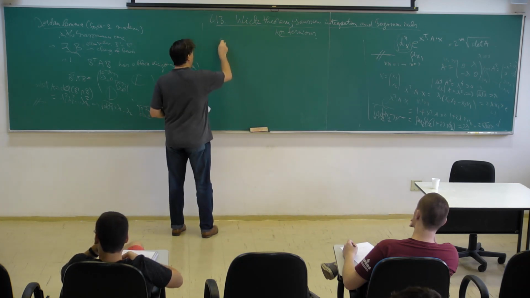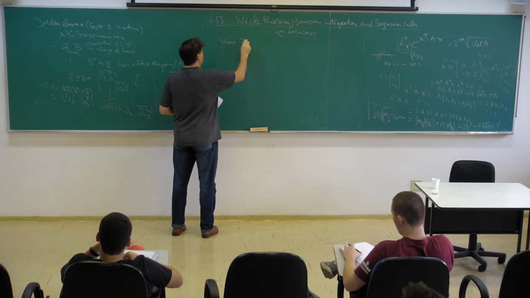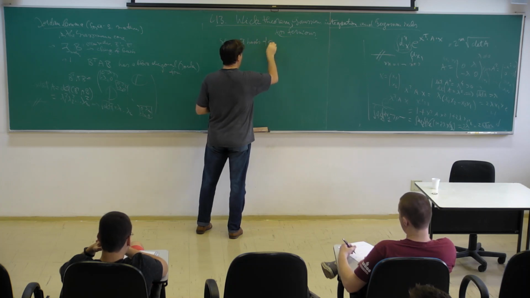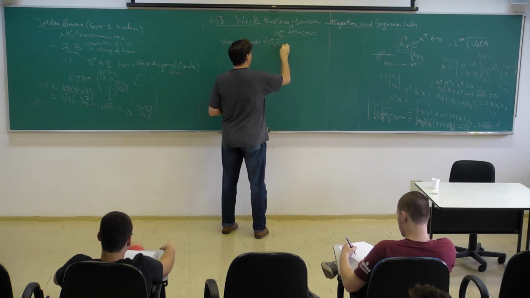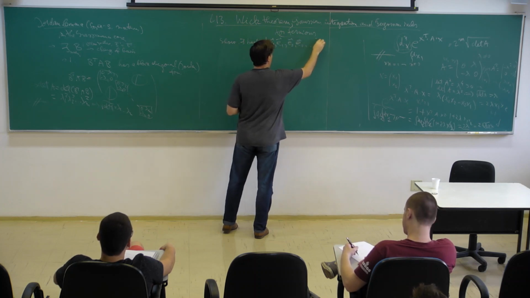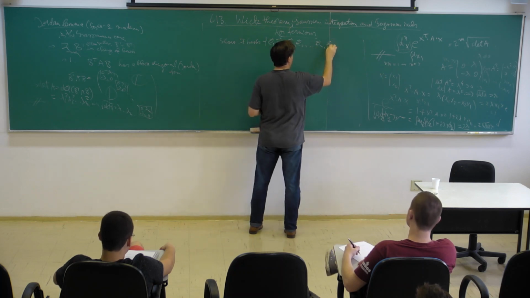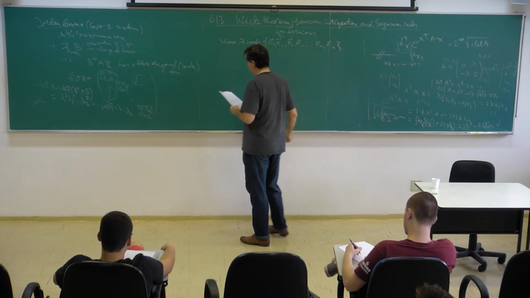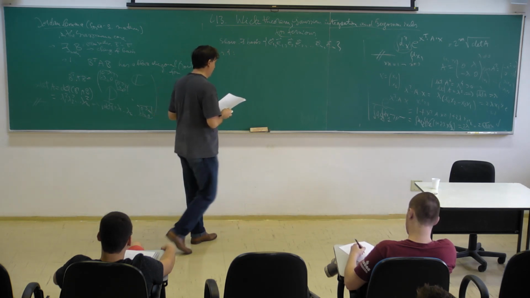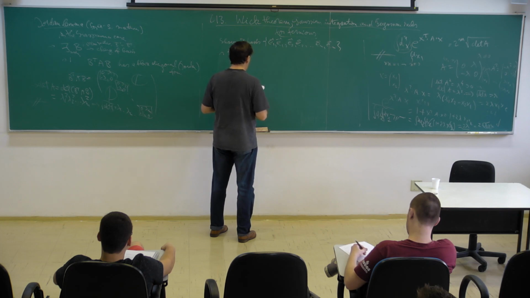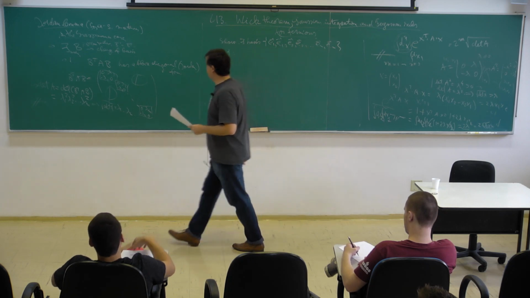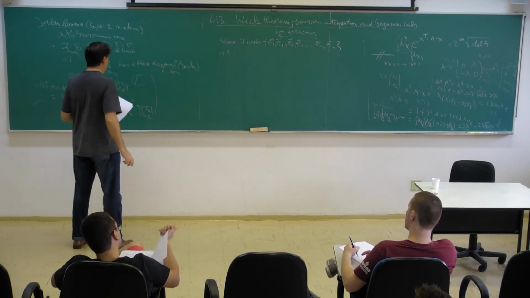So we need to show that there's a basis that we'll call E1, E minus 1, E2, E minus 2, En, E minus n, such that A is of this form.